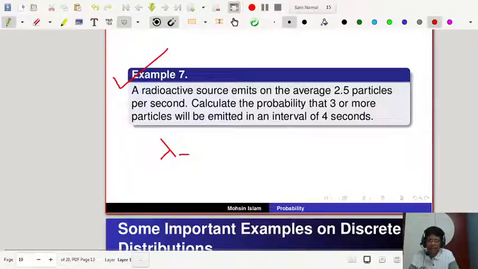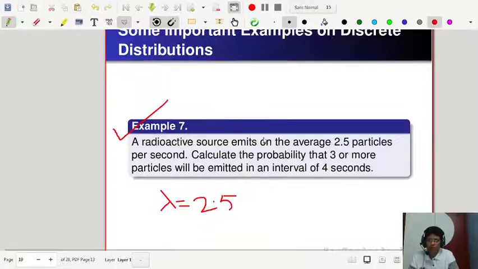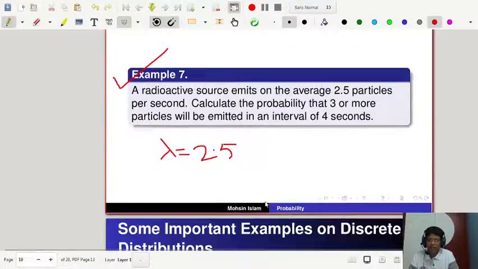You have to write lambda is the number of changes per unit time on the average, and that is equal to 2.5. It is clearly given per second, so 1 second is the unit time.